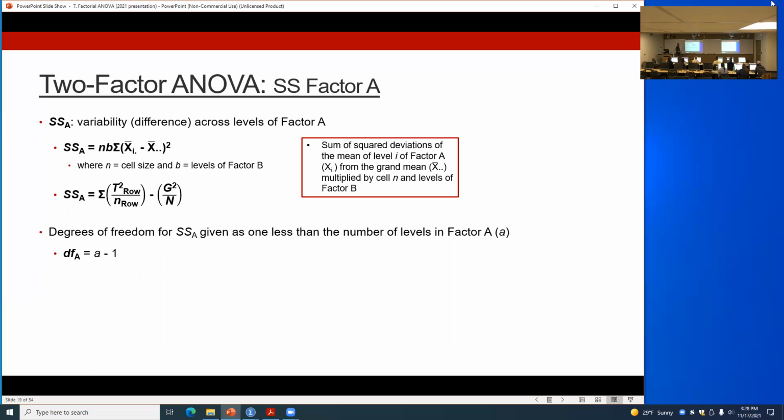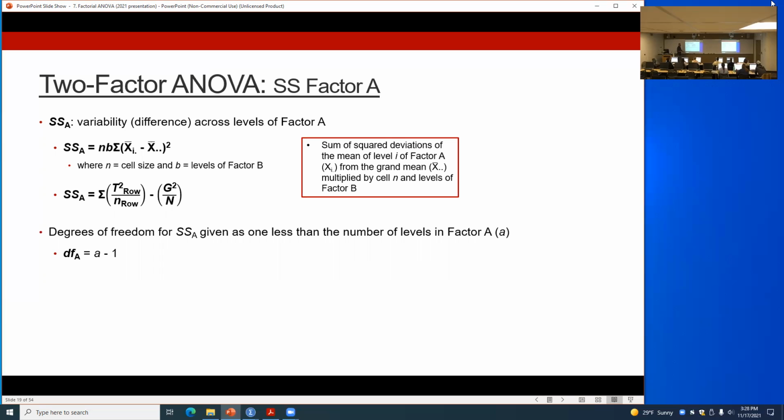We can also get this by taking the sum of the squared row totals over the number of people in each row, minus the grand total squared over n. Mathematically, they're equivalent. This is often easier to do, but I want to make sure you understand by definition how these are being calculated.